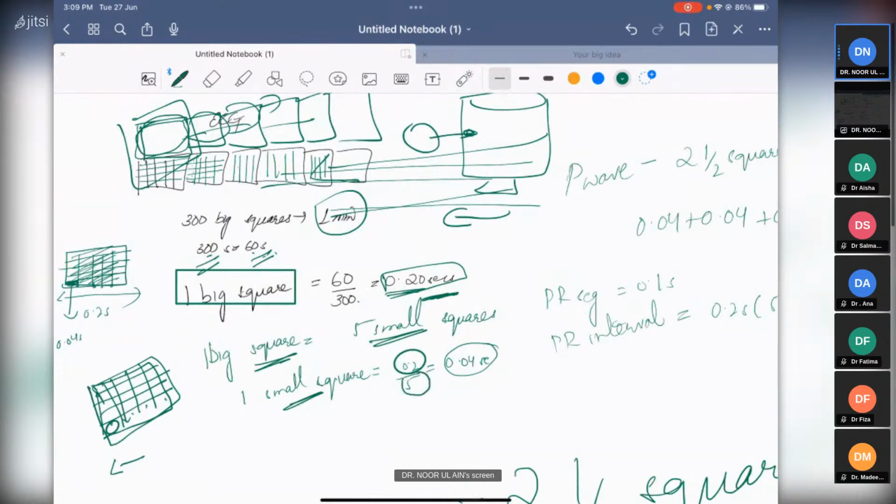I'll divide it and I'll see that every 0.04 seconds, one small square moves ahead. Good. Understandable. So if I tell you, one small square represents 0.04 seconds, one big square represents 0.2 seconds. Good guys? Clear?